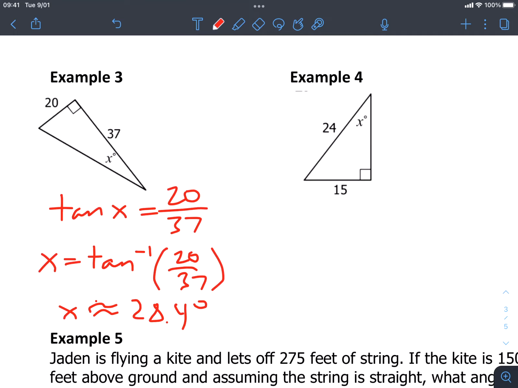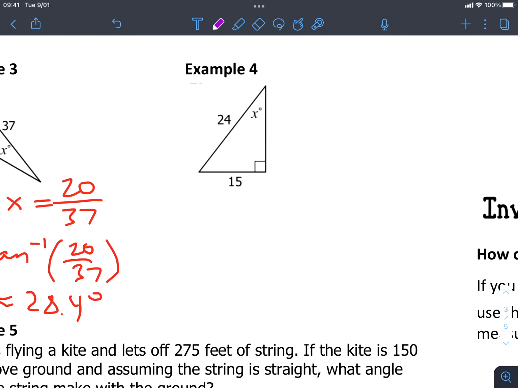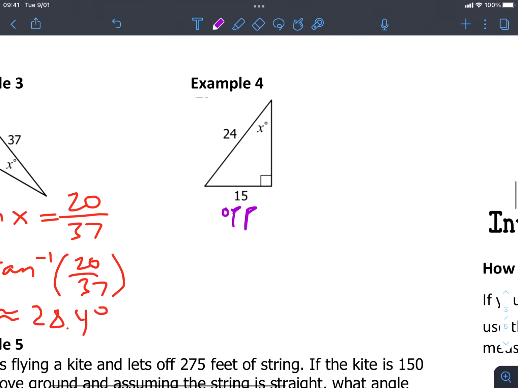And for this one, example 4, we have another sine function. This is opposite over hypotenuse. So the sine of x is equal to 15 over 24.